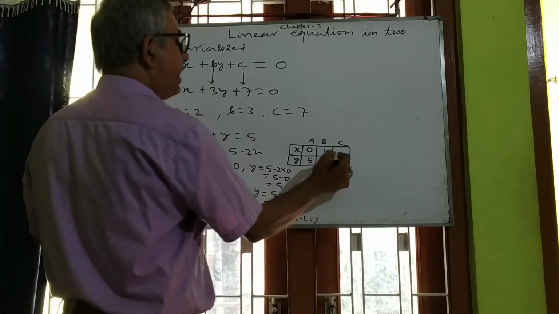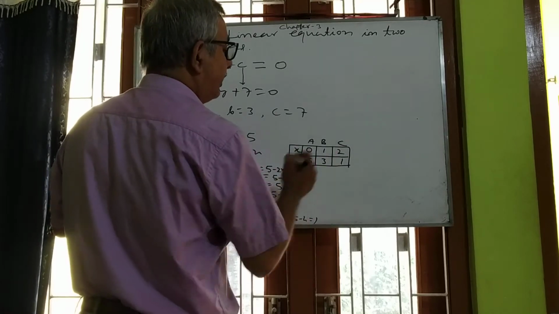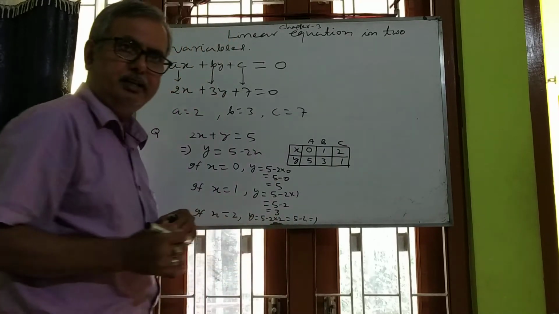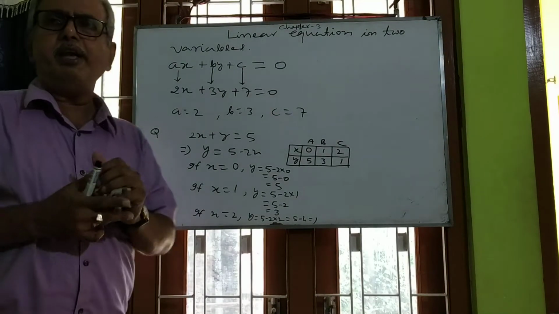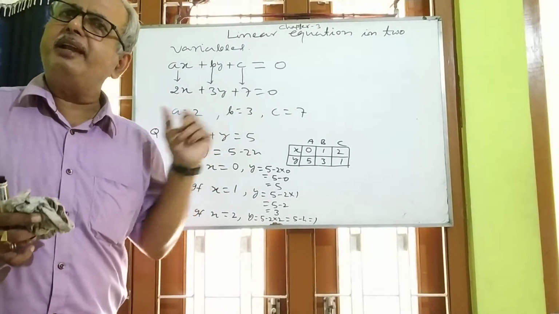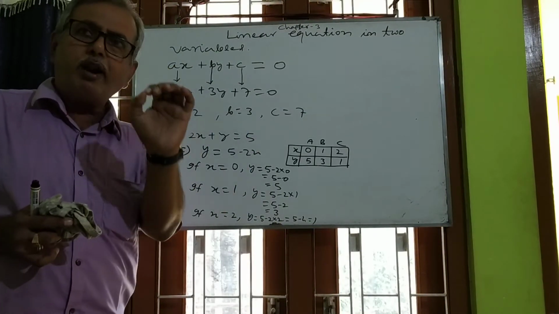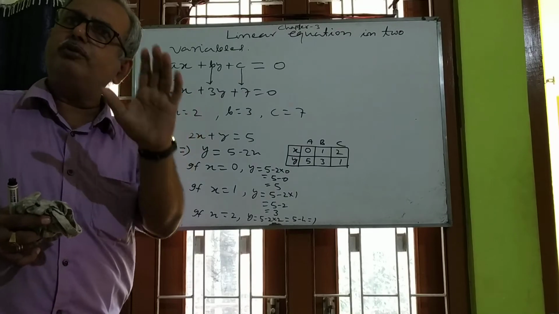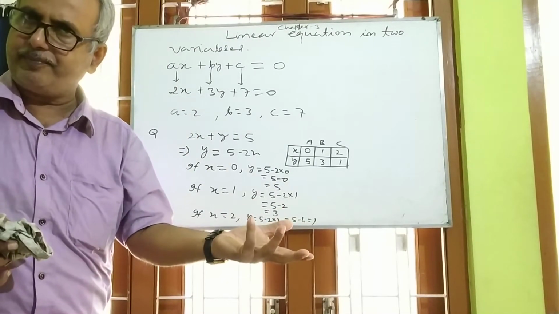So x is equal to 2, y is equal to 1. In this way, you tell how many solutions you will get for a single linear equation. For a single linear equation, you will get infinite number of solutions.